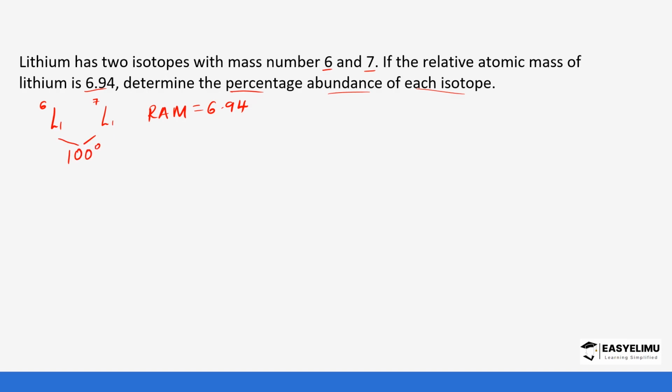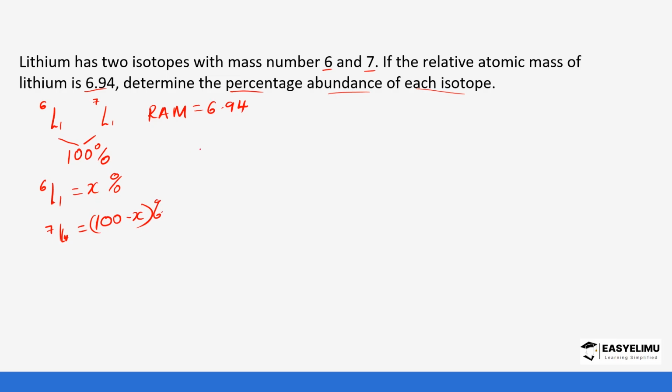So if we assume lithium 6 has a percentage abundance of X%, then lithium 7 is going to have a percentage abundance of 100 minus X. That is what we have been doing all along. The only difference is that we are giving it a known value. So let's put that in the equation.